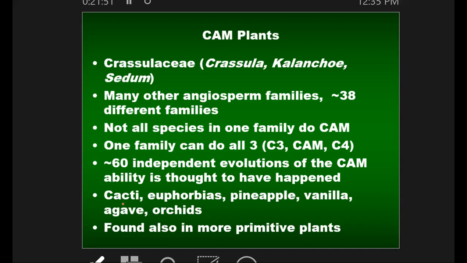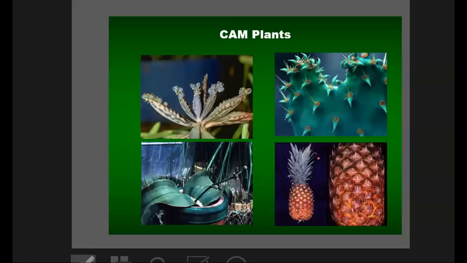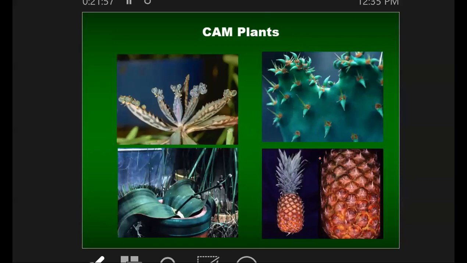But there are more primitive plants too. Let me go back to this picture. This lower left picture is a more primitive plant than the angiosperms. That's actually a gymnosperm, believe it or not. It does not look like a typical gymnosperm.